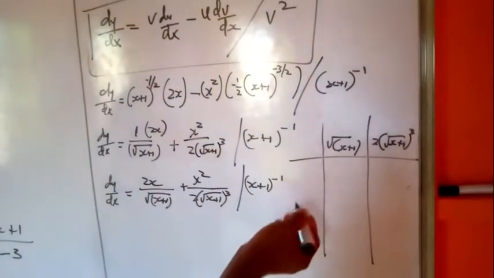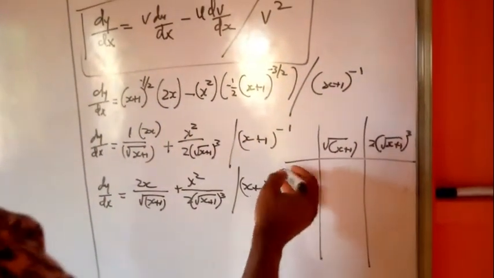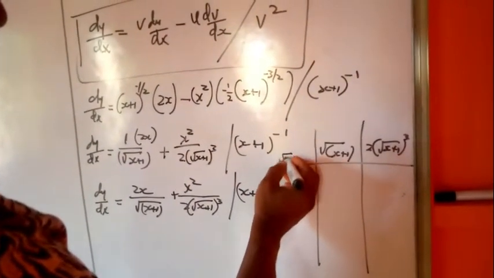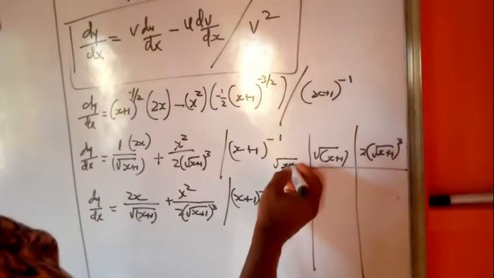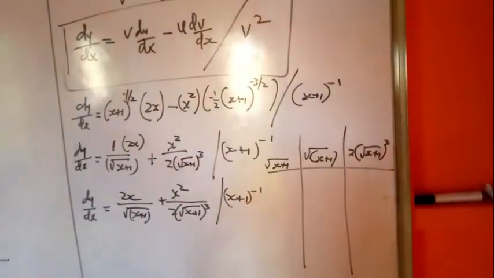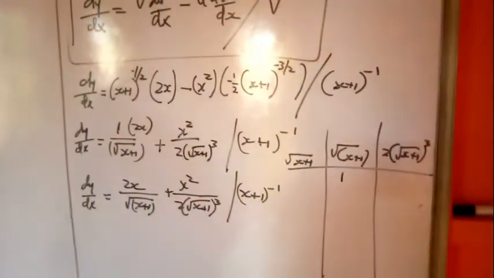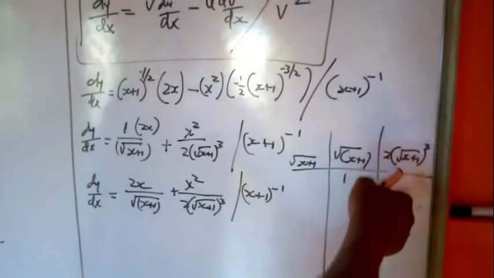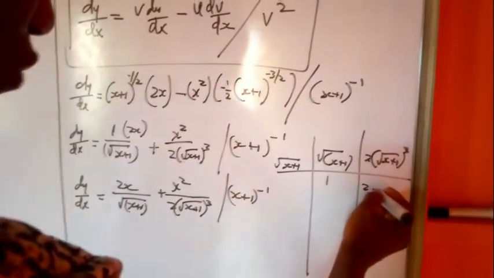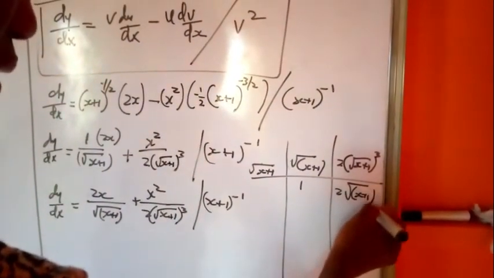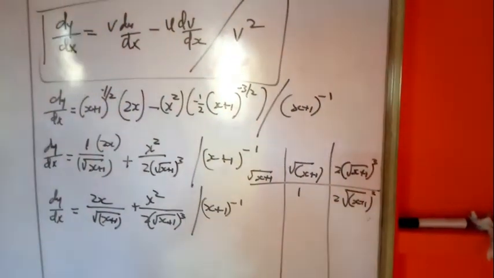Let's use root x plus 1. Root x plus 1 will go into this one once, and if it goes into this, it gives 2 and x plus 1 raised to power 2.